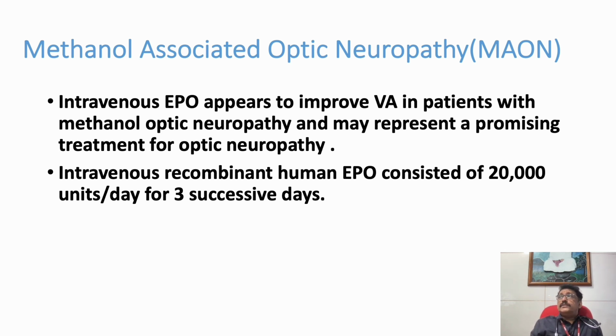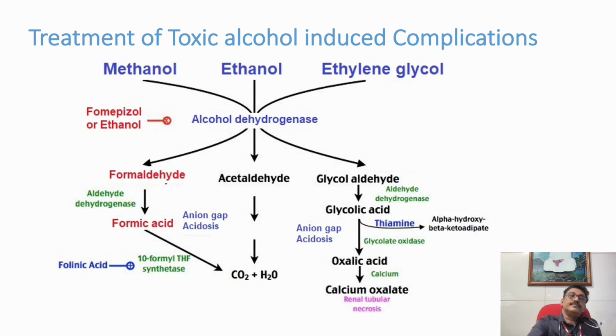There are some papers which favor improvement of optic neuritis after this toxin. You can see here, this chart will tell you what drugs we have to use in patients having toxic alcohol. It is difficult to diagnose toxic alcoholism in the emergency room without toxicology reports from a good toxicology lab.